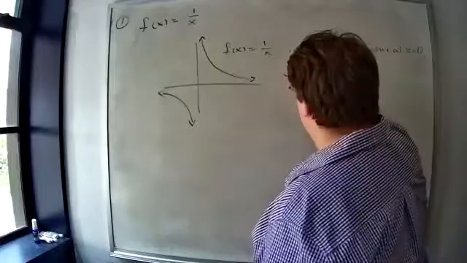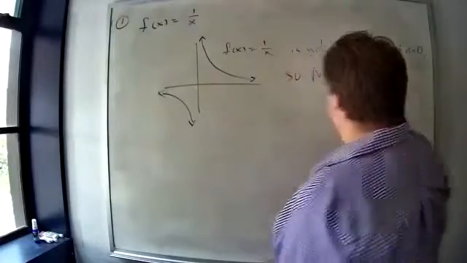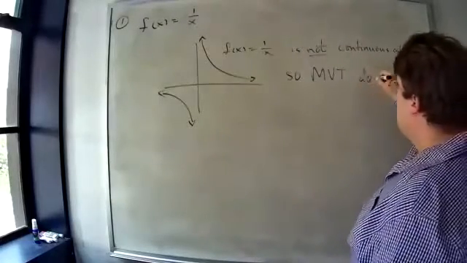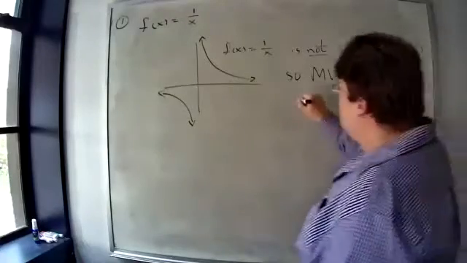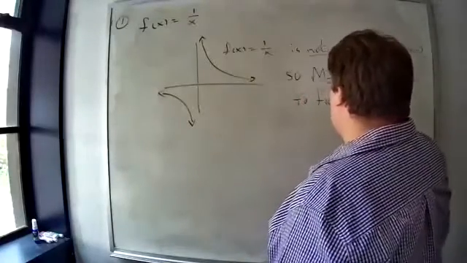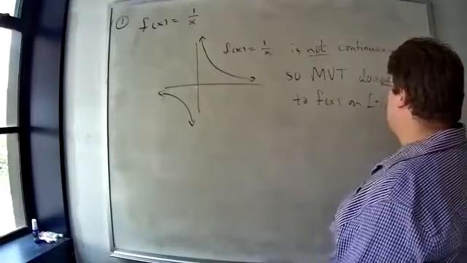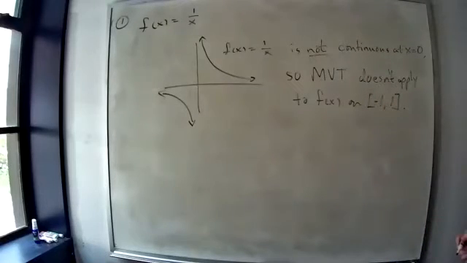So the mean value theorem, MVT, doesn't apply to f of x on -1 to 1. It's also not differentiable. You could say it's not differentiable at x equals 0, but I'll just say not continuous, so it doesn't apply.